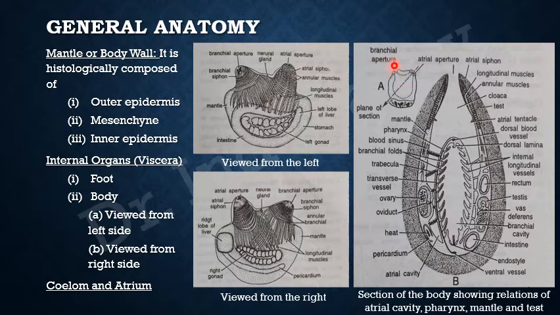The branchial aperture marks the anterior end, and the diagonally opposite end is the posterior end. The position of the atrial aperture marks the dorsal part of the body, and the diagonally opposite position marks the ventral part of the body.